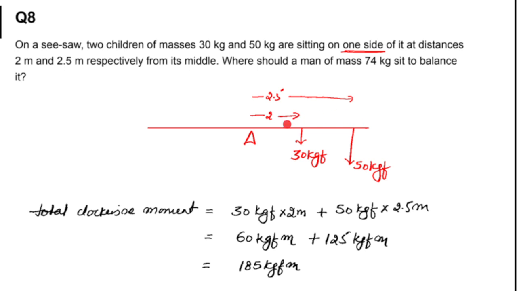So first, let's calculate how much in totality these two children are generating the clockwise moment. So I have calculated this first. 30 kilogram into 2 meter, respective to the distances from the pivot. So we can get it 185 kilogram force meter. Now let's see the next step.